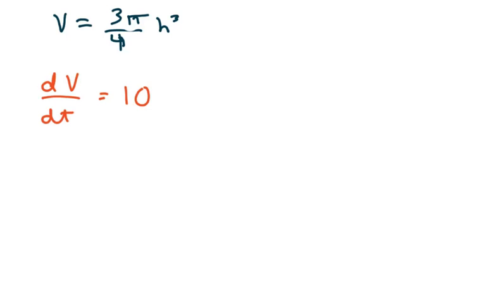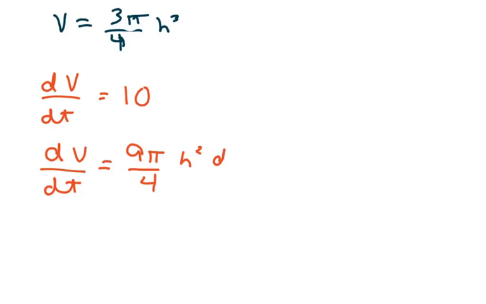So basically what we're going to do is write derivative of the volume with respect to time equals 9 pi over 4 h squared times the derivative of our height with respect to time, because we're trying to solve for the derivative of h with respect to time.